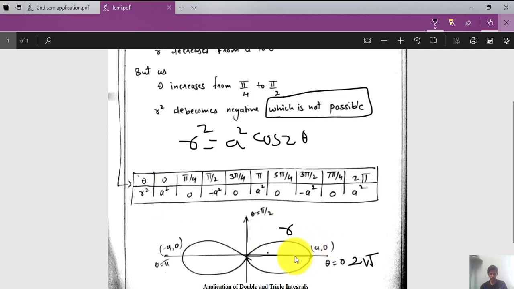This value is, what is the radius? The radius is always a, from the origin to the point on the curve. So this complete thing is my curve, and it is a. Now pi by 4 is 45 degrees. Between 0 and pi by 4, whatever values you take, it might be 10 degrees, 20 degrees, all these points it is tracing out.